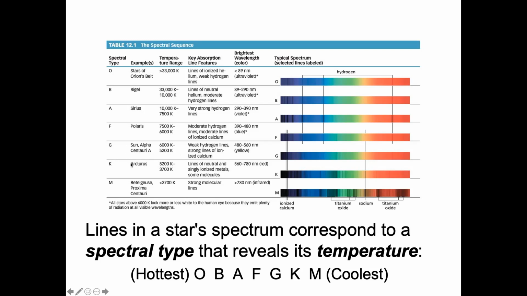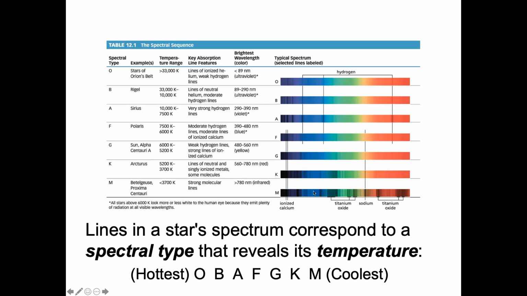Even cooler in terms of its surface temperature. Again, we're talking about surface temperature here. Here we're starting to see a lot more absorption lines in this absorption spectra. We're not really getting the hydrogen lines anymore. Now we're starting to get lines from metals and other larger molecules.